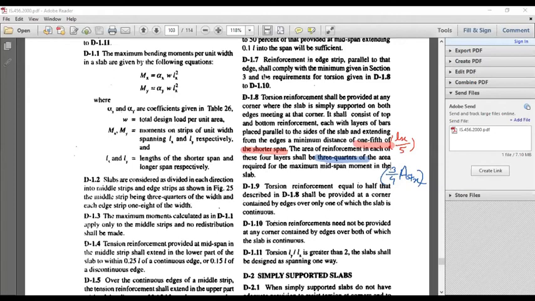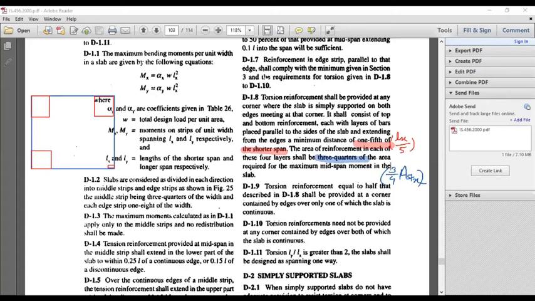Okay, so whatever your slab is, suppose this is your total slab. Okay, and now if you see the four corners in your slab, these are the four corners where we are going to provide the reinforcement. Those are like this. These are the corners. Okay.